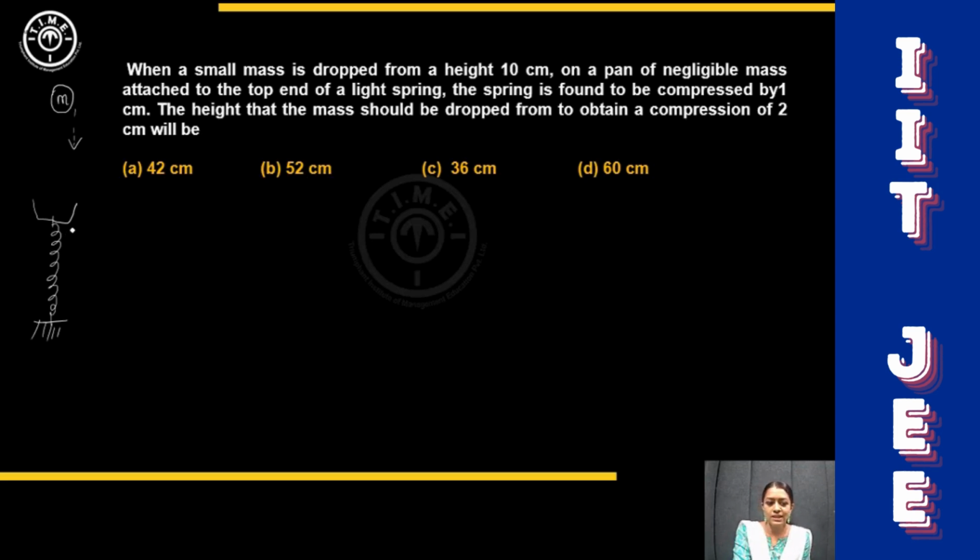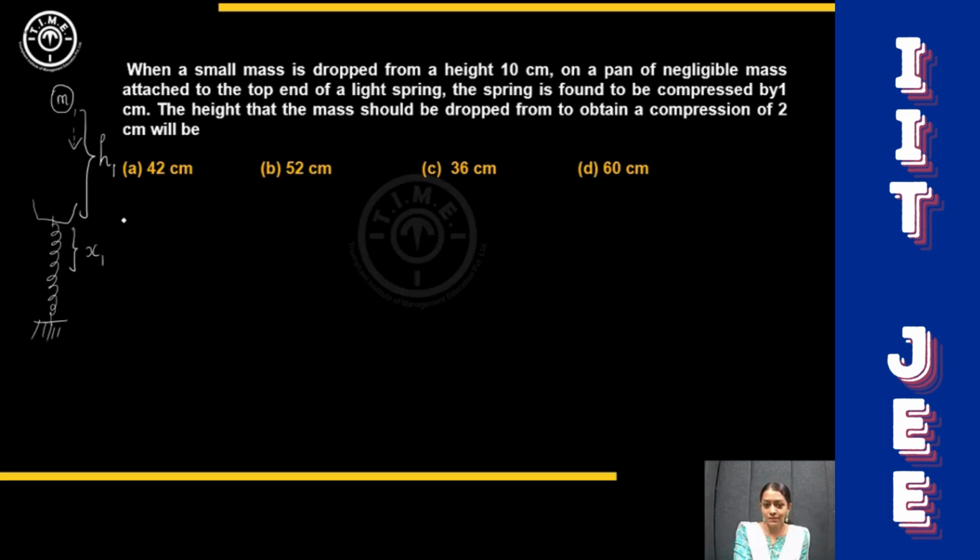So let us consider that x is the compression produced in the spring, and let us consider that h is the height from which that particle is dropped. In this question we have two cases. Let us mark it as h1 and x1 for the first case.